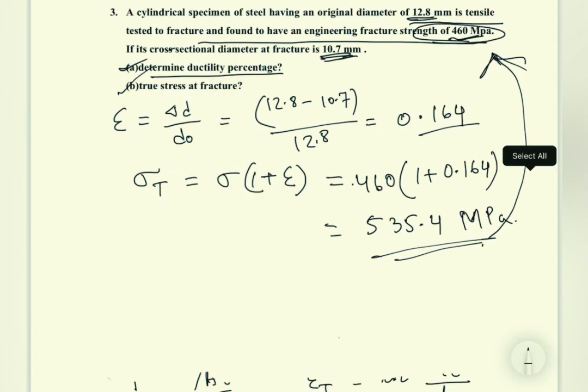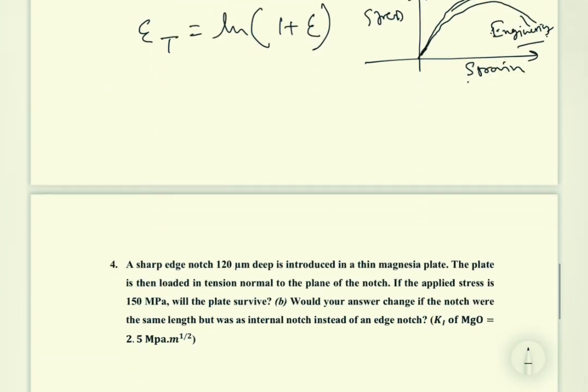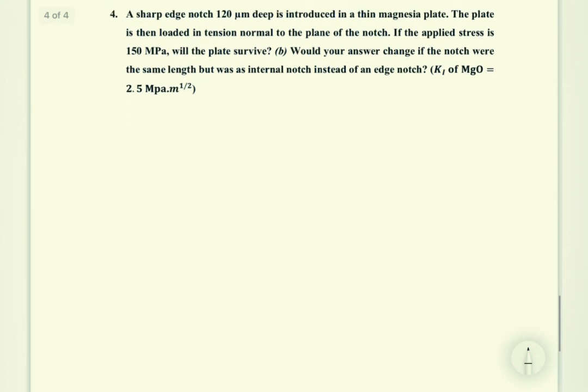So going to the next problem, and the last problem for today. A sharp edge notch 120 micron deep is introduced in a thin magnesia plate. Magnesia means MgO. The plate is then loaded in tension normal to the plane of the notch.